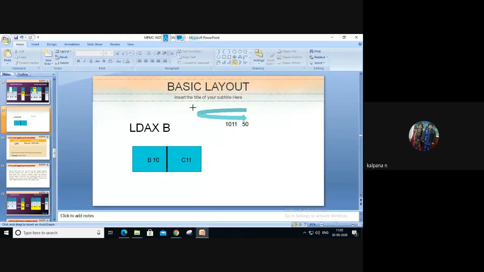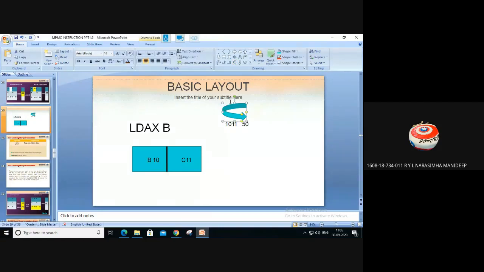Okay. Understand? In LDAX, a register pair will be mentioned. So if B is mentioned in the instruction, the microprocessor will understand the BC pair. If D is mentioned, it will consider the DE pair.